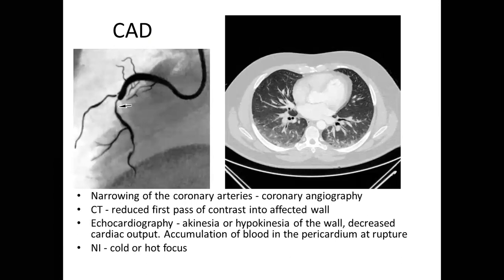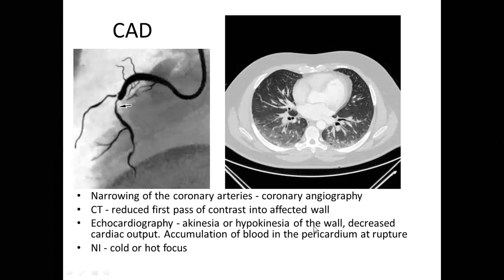So here is how coronary artery disease looks. First thing, one of the most informative techniques is coronarography, and you can see either narrowing, or filling defect, or amputation sign, or some of them. You may notice this representation on coronarography.